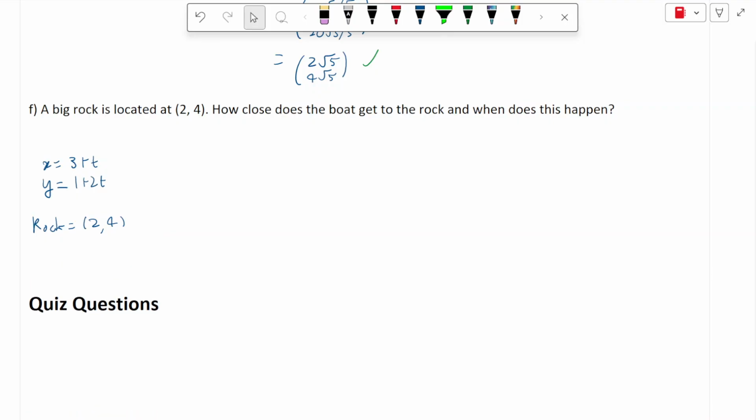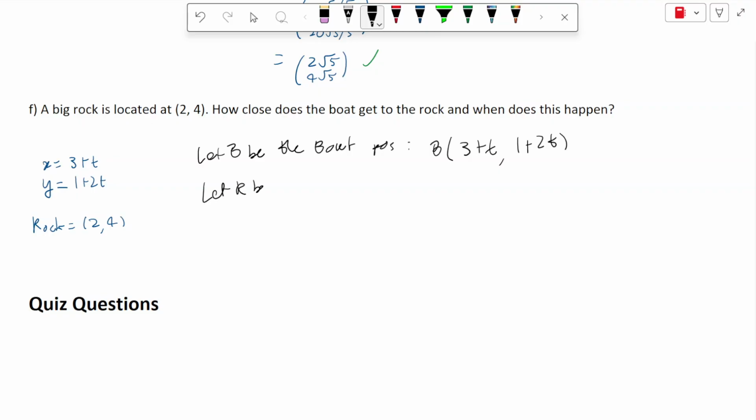Okay, so let B be the boat position. So B has coordinates 3 plus t and 1 plus 2t. And let R be the rock position. So R has coordinates 2, 4. So if we go BR, it's going to be a bit nicer if we go from the rock to the boat, just in terms of negatives.